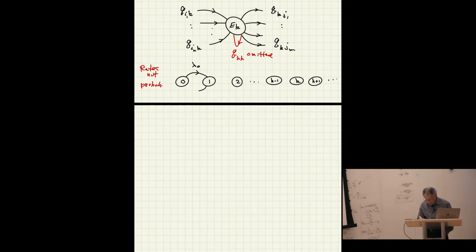Exactly. I can go back to 0 with a death at a rate what? Mu sub 1. Or I can go up to state 2 with a birth at what rate? Lambda 1. And so the picture continues.